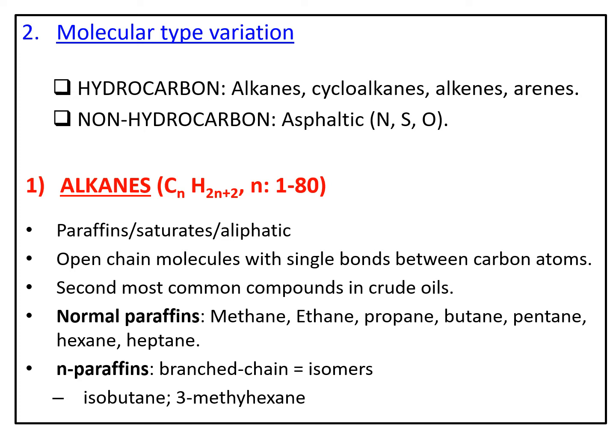You can see here butane forms an isomer of isobutane, while if you have hexane as the normal paraffin, it can form an isomer, that is 3-methylhexane.